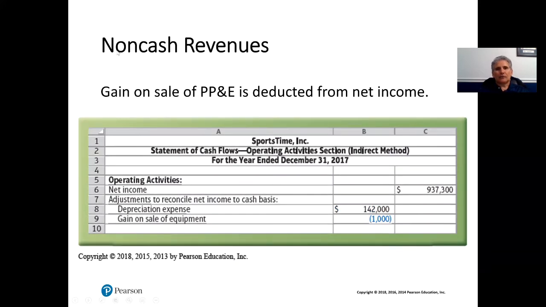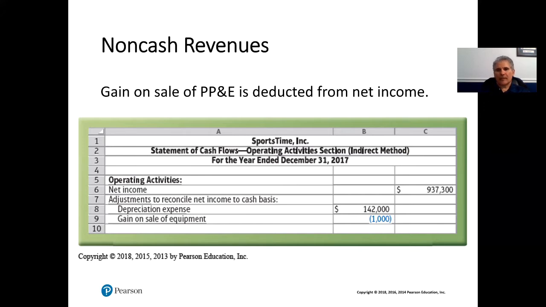The next section, we're going to look at non-cash revenues. We could have a revenue, not necessarily the sales, but we could have a gain on the sale of equipment. If it's a gain on the sale of equipment, then that is other revenues. If you recall, the gain is recorded by taking the difference between the consideration received and the book value of the asset.